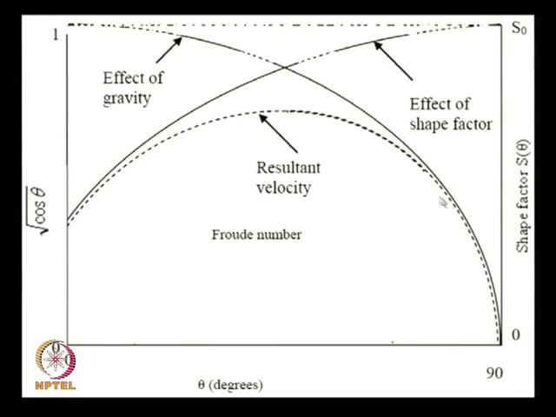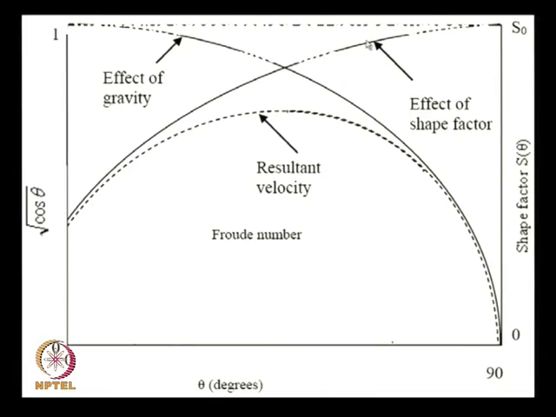After that, more than the nose pointing phenomenon, gravity becomes important, and as you keep on inclining it towards the horizontal, the nose again starts becoming rounded. So the effect of the shape factor keeps on increasing as we go from 90 to 0, and gravity changes in this particular fashion.